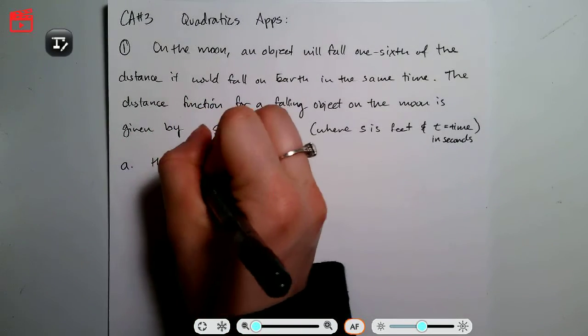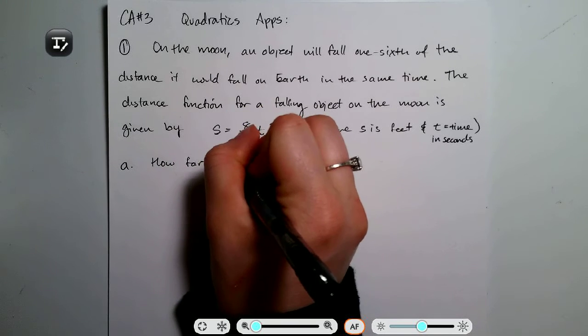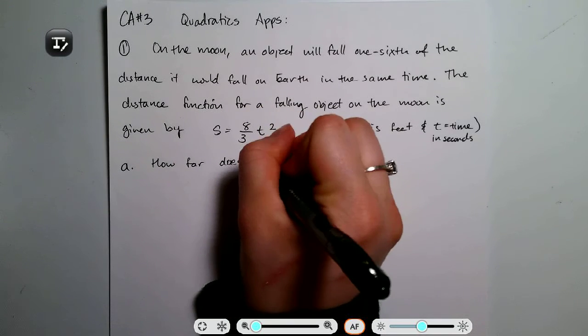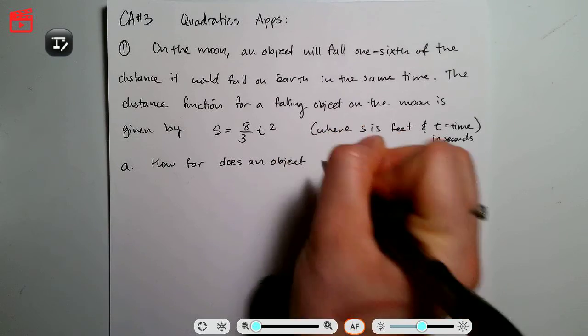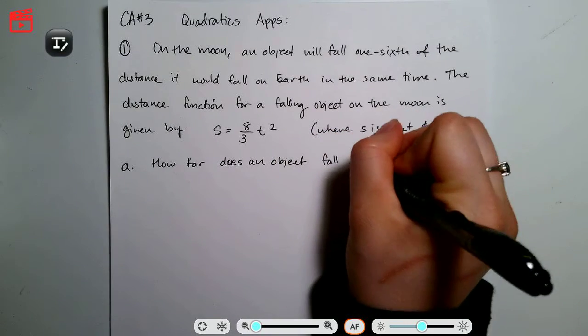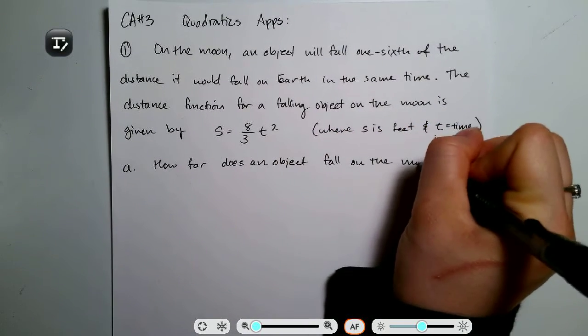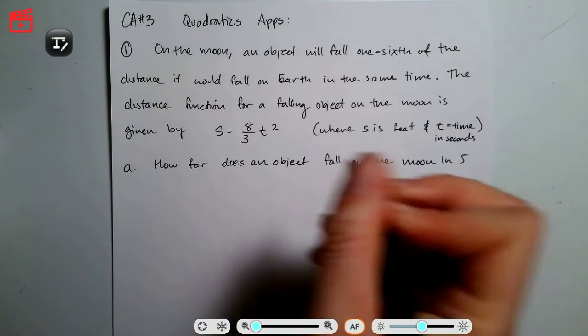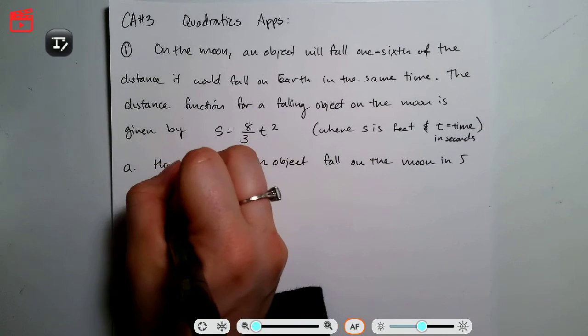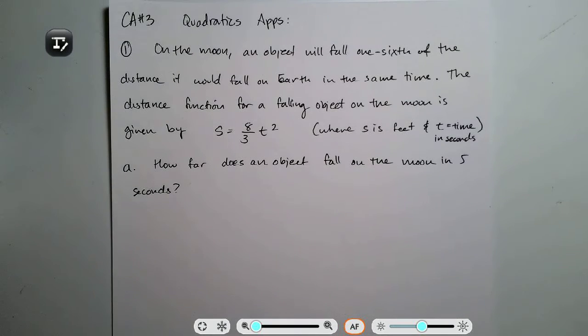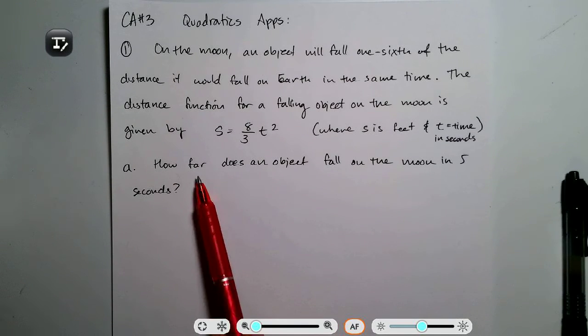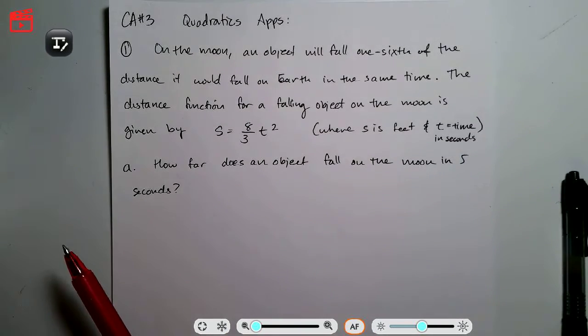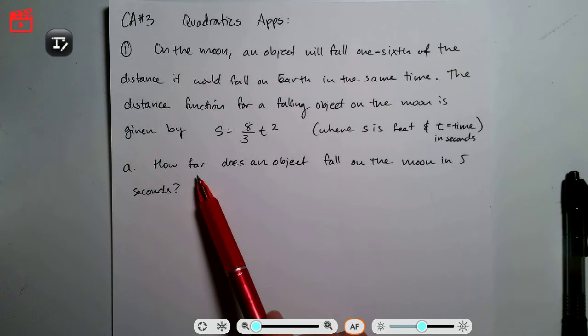How far does an object fall on the moon in 5 seconds? Alright, so we're trying to figure out how far an object falls in 5 seconds. So we're looking for the distance.